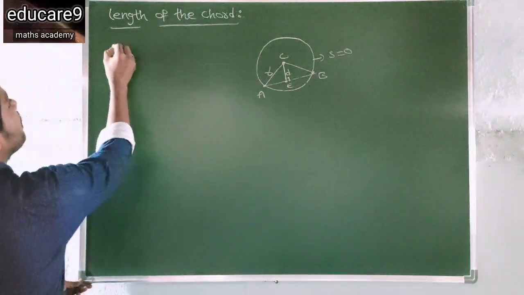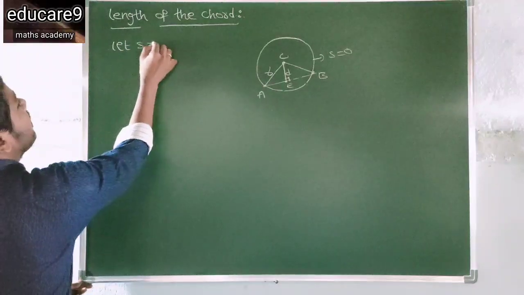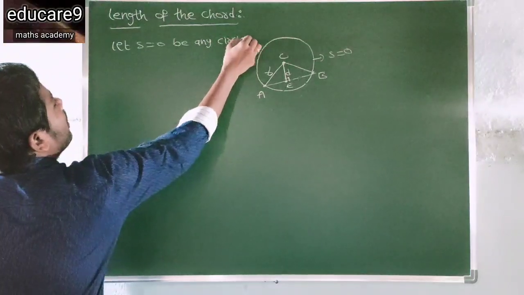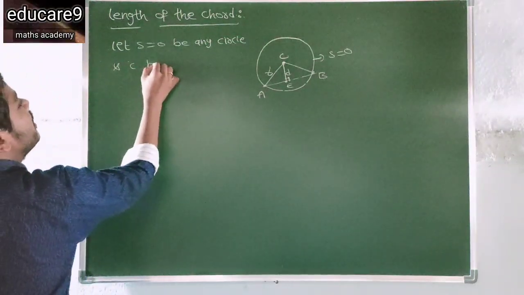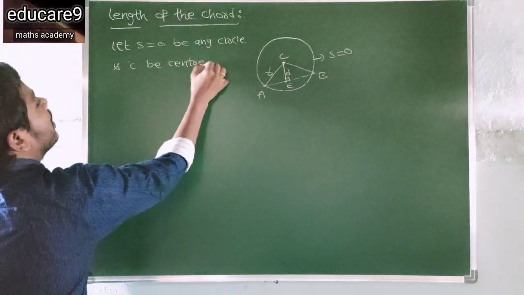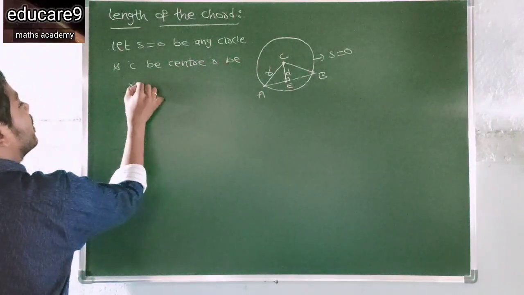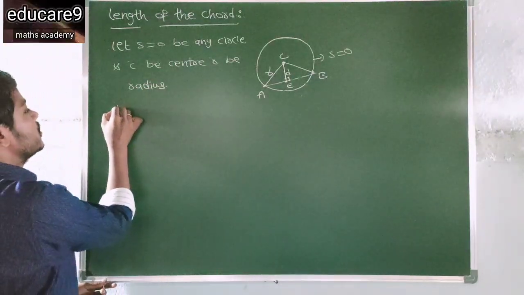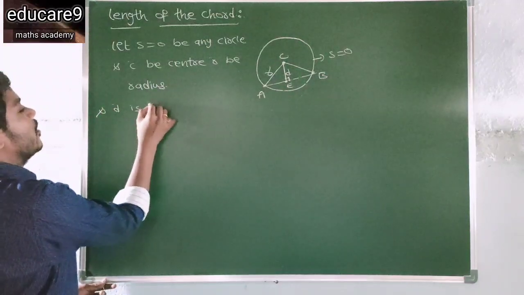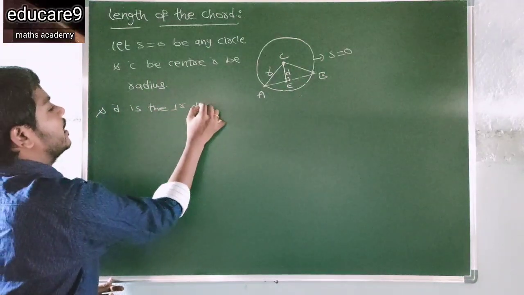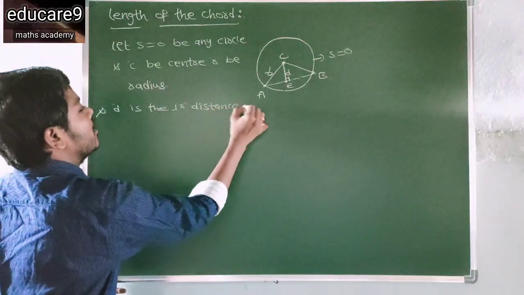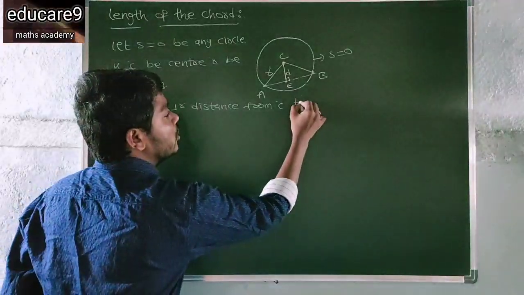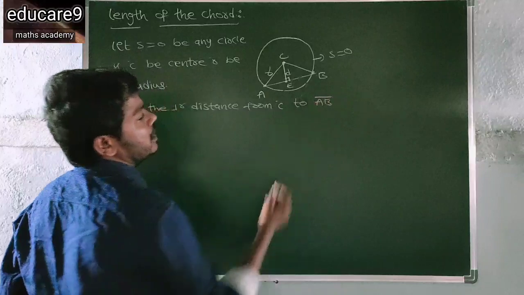So see here. Let S is equal to 0 be any circle and C be the center, and R be the radius of the circle. So D is the perpendicular distance from the center of the circle, that is C, to the line segment AB, that is chord AB.